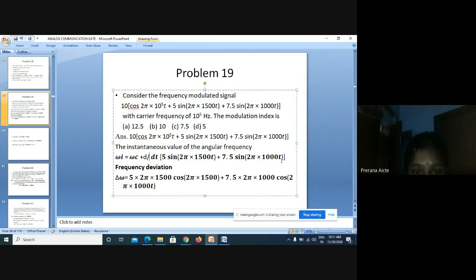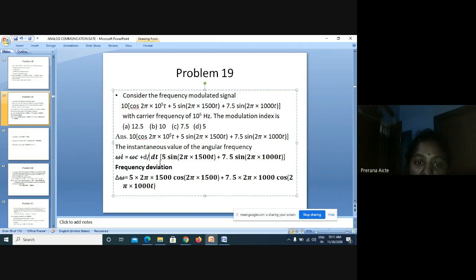From here, to find the frequency deviation, we differentiate. We get 5 × 2π × 1500 cos of 2π × 1500t plus 7.5 × 2π × 1000 cos of 2π × 1000t, since the differentiation of sine is cos. What is the maximum frequency deviation?